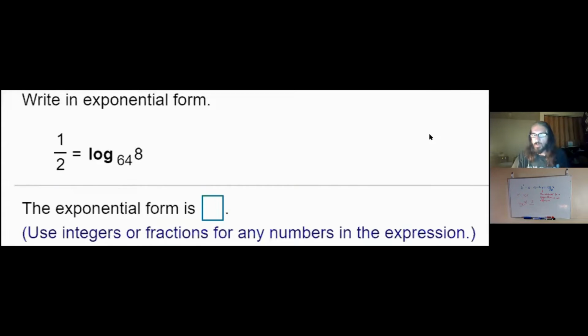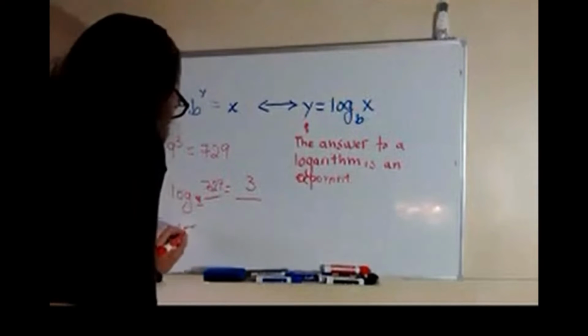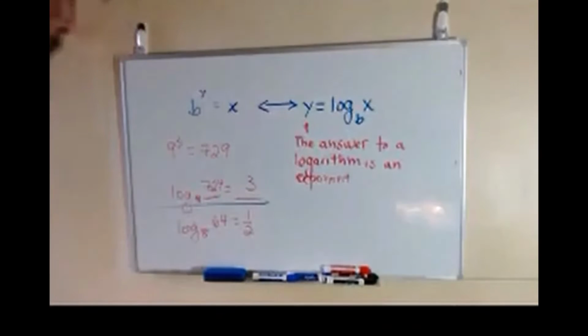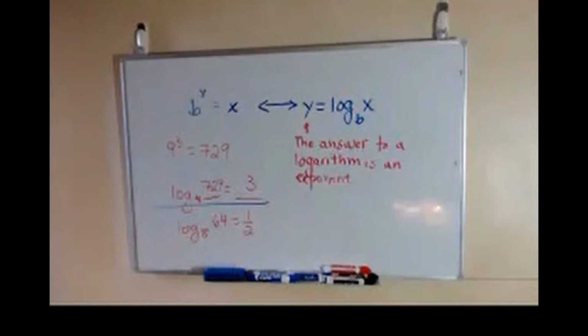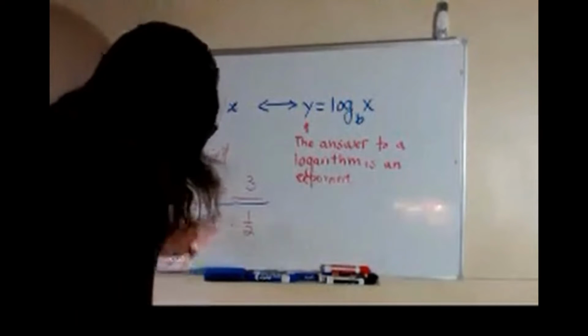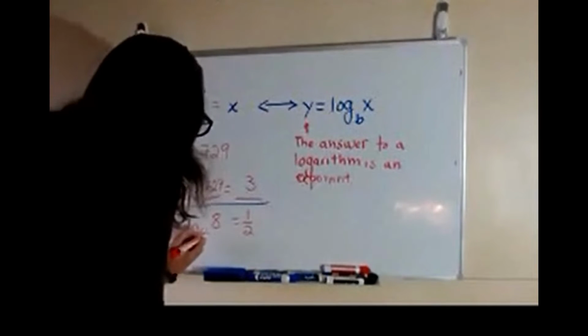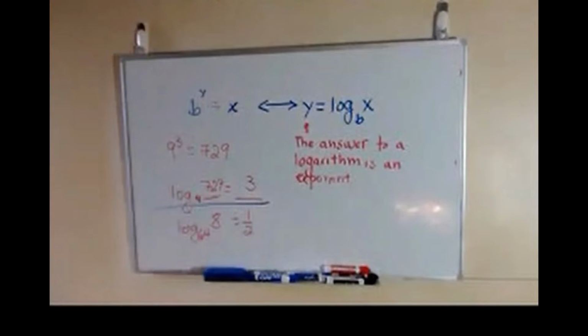Now let's convert from logarithmic form to exponential form. We've got the log of 8 base 64 equals 1/2. That answer to the logarithm, 1/2, is going to be the exponent.